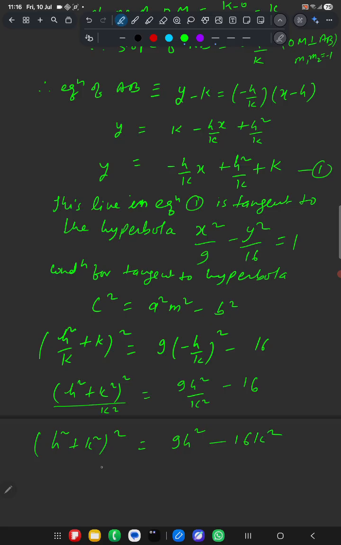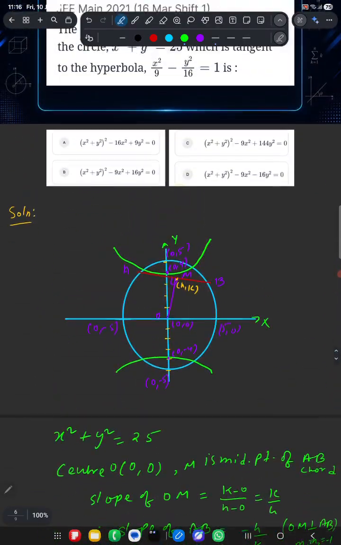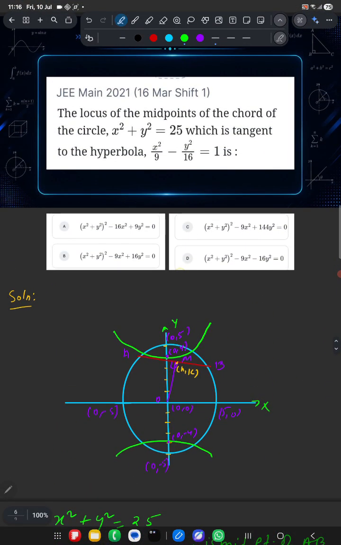Now to find the locus, we just replace h and k by x and y. Therefore the locus will be (x squared plus y squared) whole squared equal to 9x squared minus 16y squared. Now check out the options.